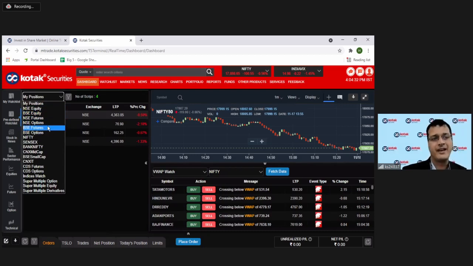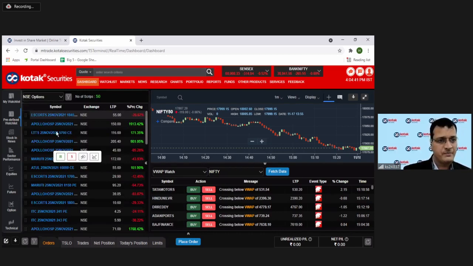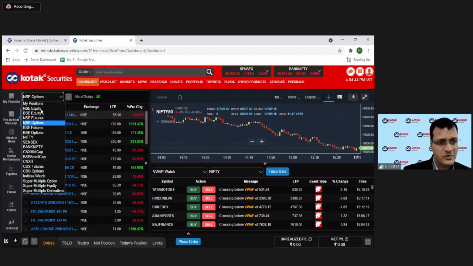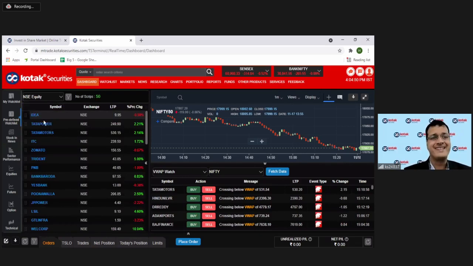Guys who trade only in options and want only option strike prices to be seen on the screen can select that, and you will see all the options coming up. If you want to see stocks only in equities, you can select the NSE equity watch list.